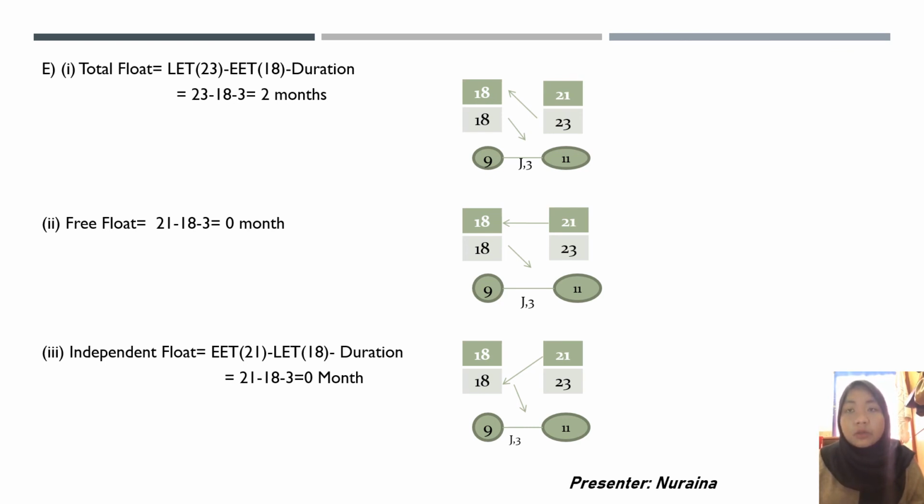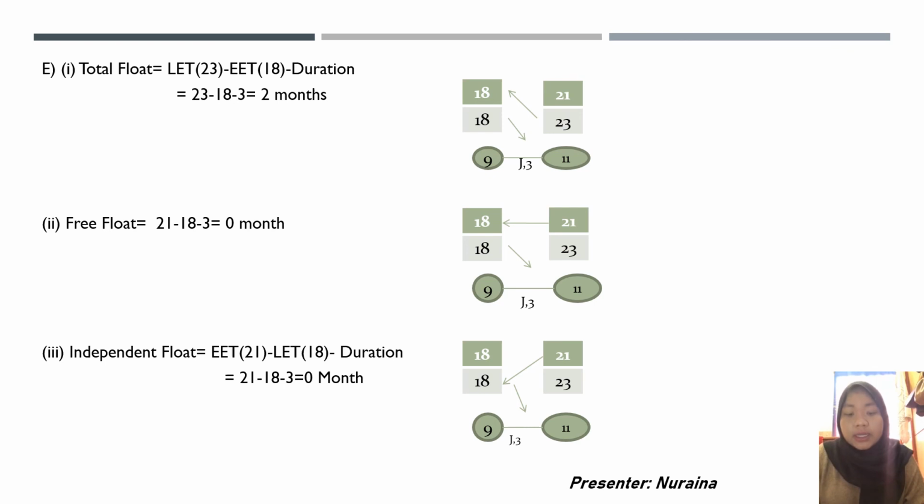First of all, we need to come out the path on the diagram, as you can see on the screen. LET for activity J is 23 and EET is 18, minus the duration, which is 3, and then we get the answer, which is 2 months. And then we move to the free float.